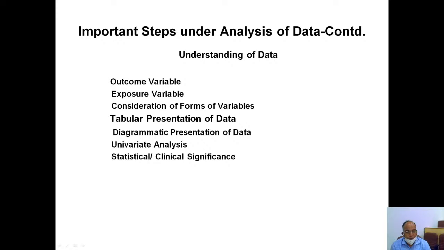Even if those kinds of variables are part of the data set, you should drop them in the first instance. You should reorganize the data, taking only those covariates which you are going to consider in the data analysis.